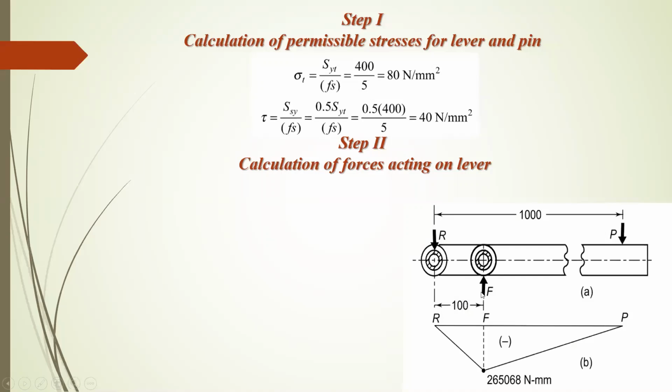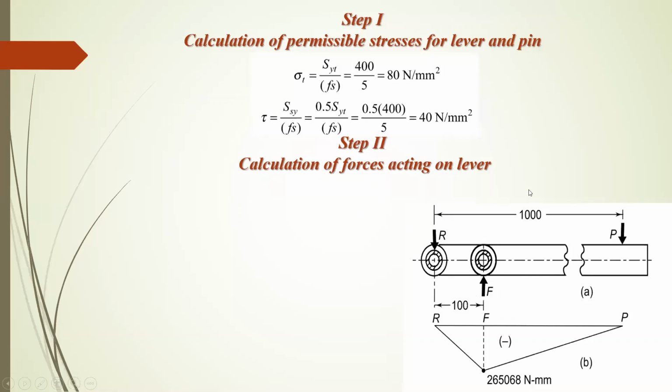Due to both these forces, R is the reaction at the fulcrum, which is at the left end. So R is the reaction, F is the pin force or force by the boiler pressure, and P is the dead weight applied. These three forces are to be calculated in step number 2.